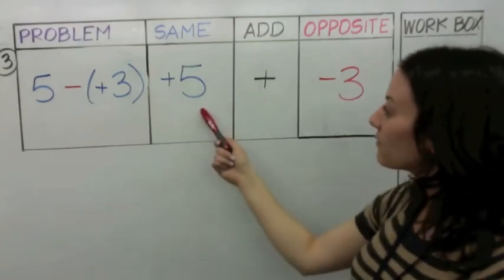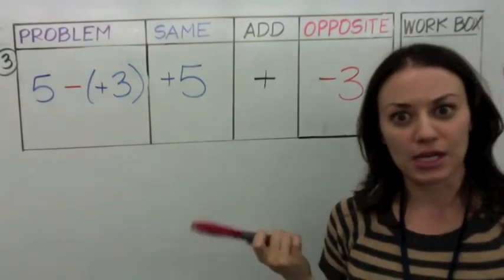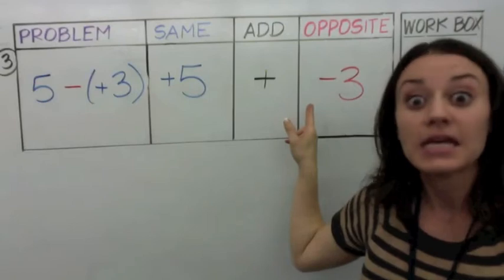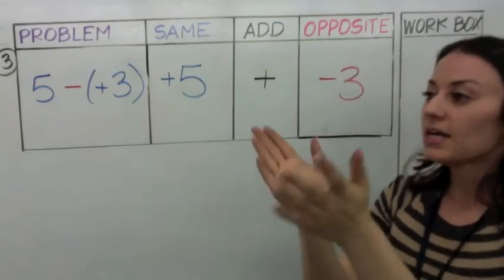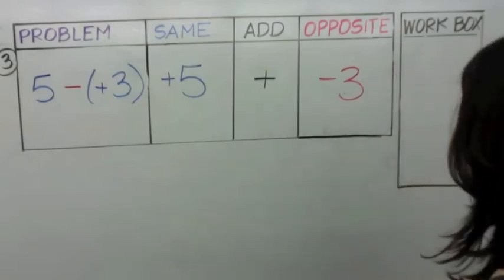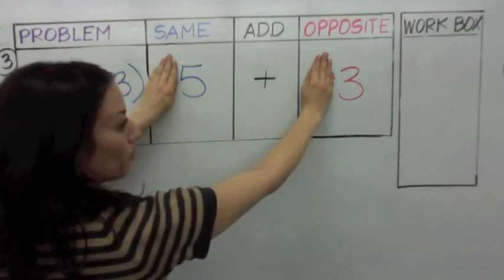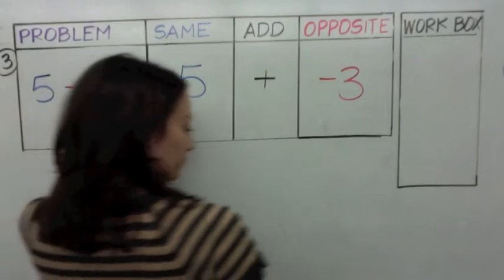We have a positive 5 and a negative 3. Do they have the same signs or different signs? This is positive, this is negative. Different. So we say different signs subtract. Keep the sign of the higher number, then you'll be exact. If we pretended there were no signs, what is the higher number? 5 or 3? It's 5, and it's positive, right?